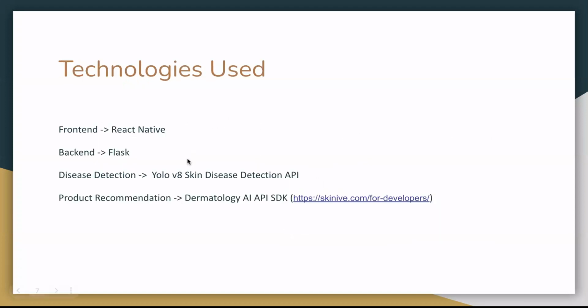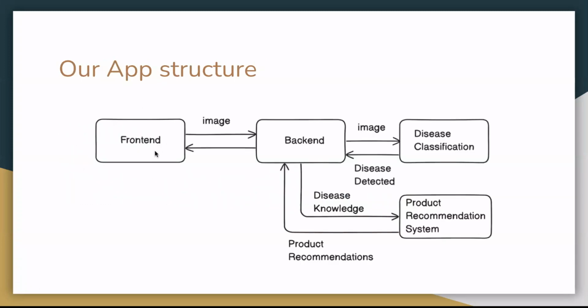First of all, I will tell you how our app is working. The front end sends the picture to the image. Then the image is sent to the disease classification API, and then the API sends back the detected disease to the backend.